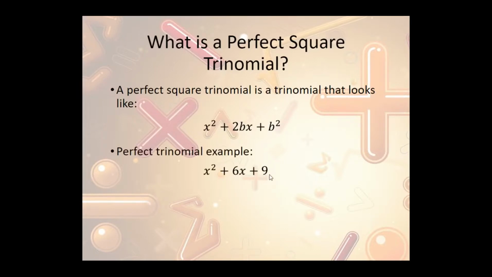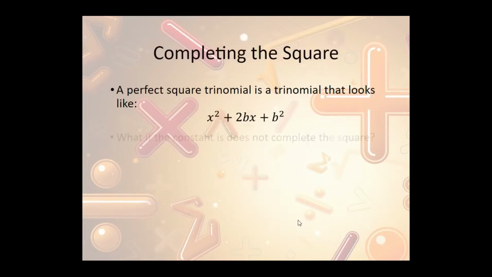We know that 9 is 3 squared, and 3 times 2 is 6, so this is a perfect square trinomial. When we factor this, we recognize that this becomes (x plus 3) times (x plus 3), or (x plus 3) squared. We'll look at another example.